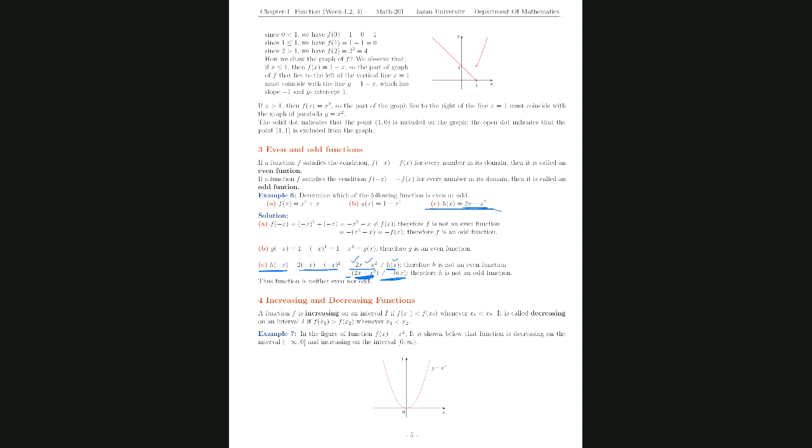So h of minus x is not minus h(x), right? So this is not an odd function, and not even, so this function is neither, right?